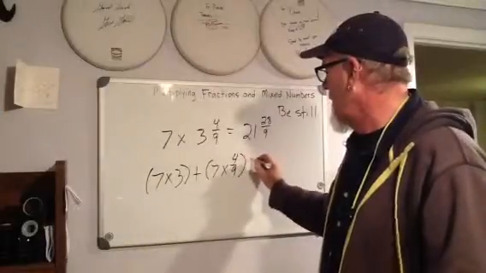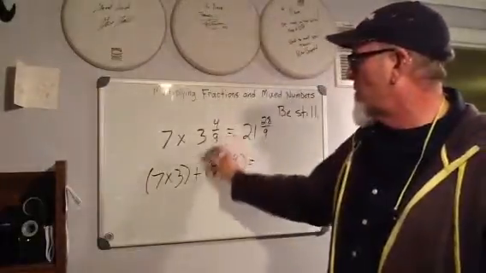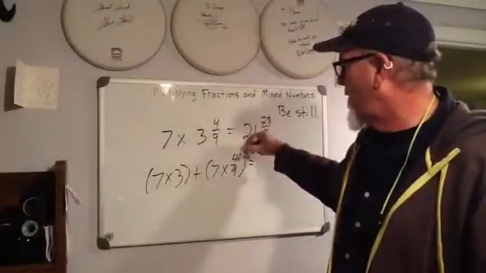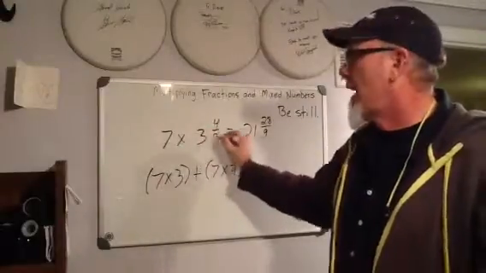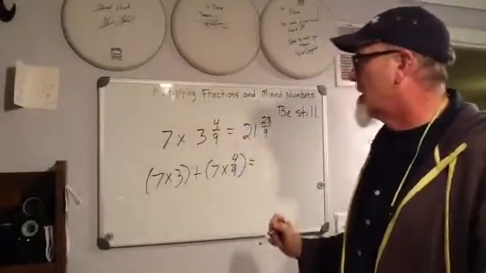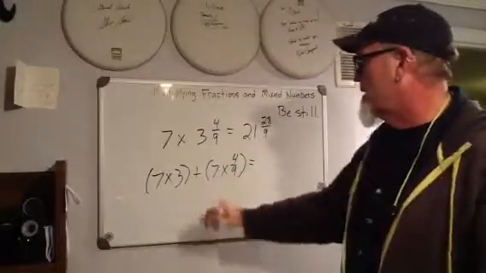Okay, now we can break that up if we want into 7 times 3 plus 7 times 4/9. See, all we did was we took our 3 here and our 4/9 here, and we just want to make sure that we're multiplying all these parts by 7, so we're not leaving anything out. All of it needs to be multiplied by 7. Okay, and we're going to get the same result.